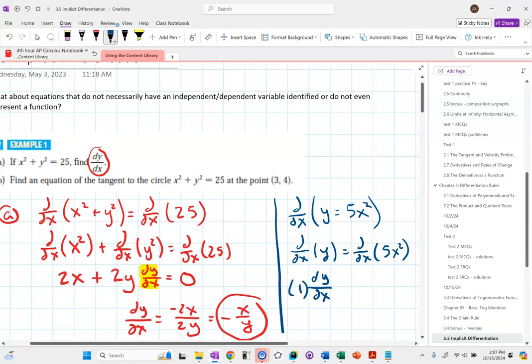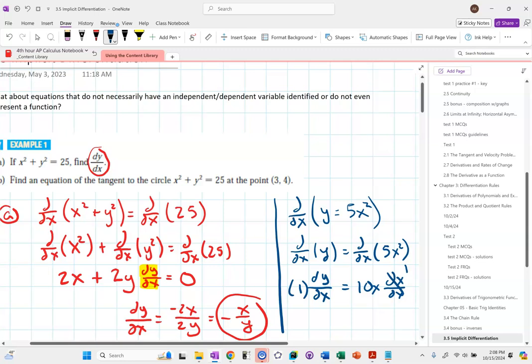So what's happening is the derivative of y is 1, and then we have this extra dy dx term. Just like over here, the derivative of 5x squared with respect to x is 10x, and then we really have a dx over dx term here. But what's dx over dx? Just 1, so we never really write it.